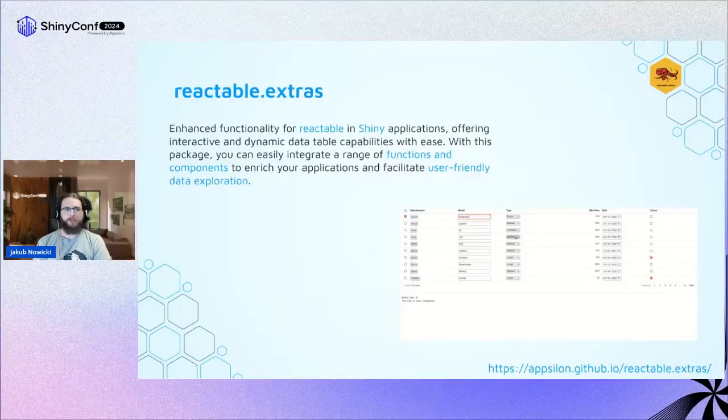We can also use React Table Extras to add some tooltips or to use server-side processing. So instead of pushing a huge data set to the browser, you can just push the small chunk that is required for a single page. As a result, of course, your table will be really, really fast.